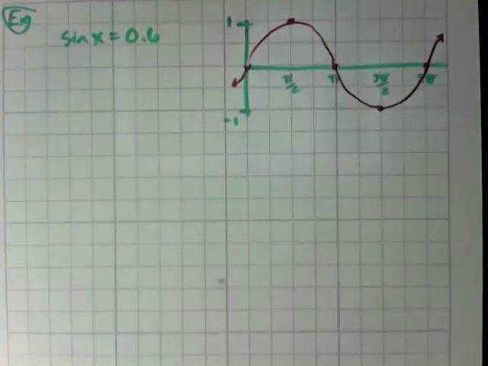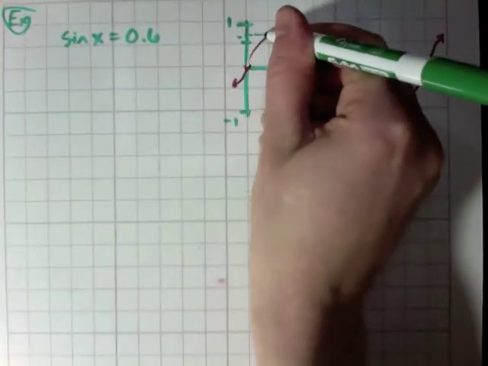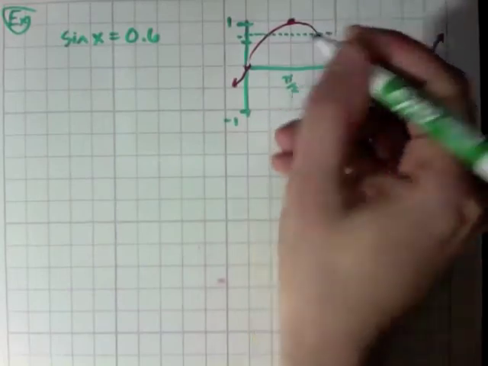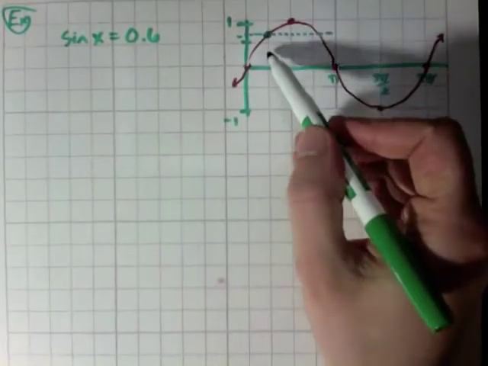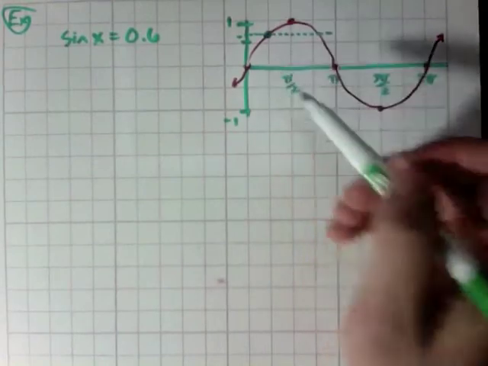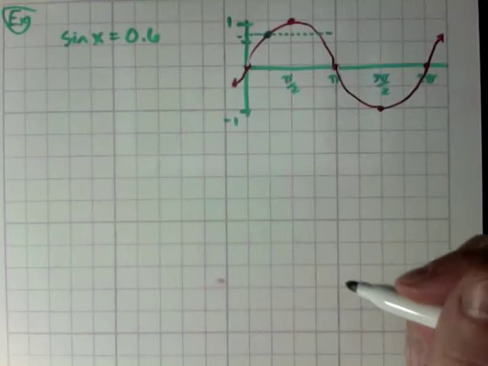Right, so if I want to figure out when is sine x equal to 0.6, here's my half mark, 0.6 would be somewhere like this, and I would be interested in when does that angle occur. Now it incorrectly, according to my scale, appears to land at pi over 4, but it will in fact not be that value.